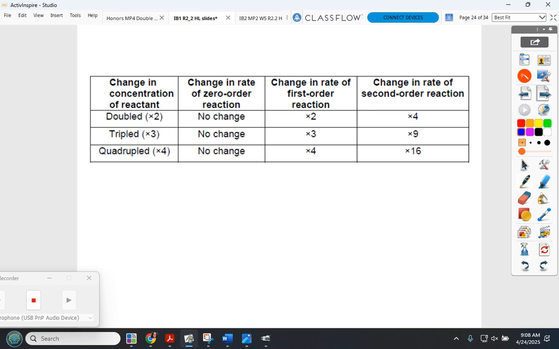Now a second order reaction with respect to that reactant. If we double the concentration, we're going to quadruple the rate, because we've got that power of 2 up there. If we triple it, it's going to be multiplied by 9. If we quadruple it, it's going to be multiplied by 16. So you're basically taking this and squaring it, right?